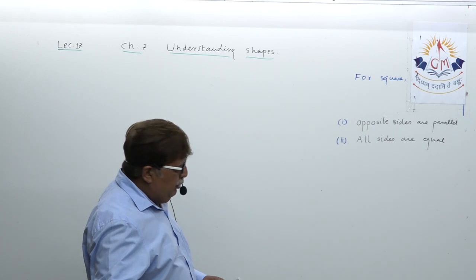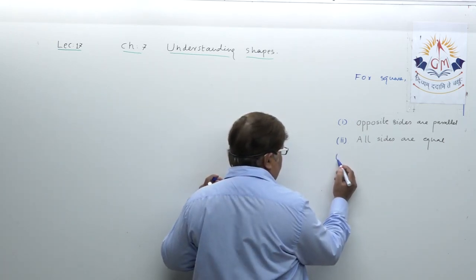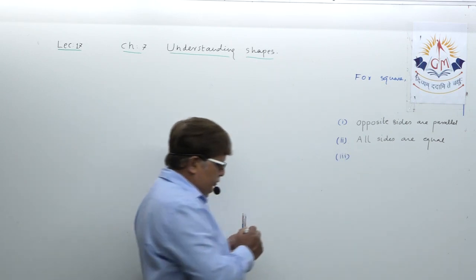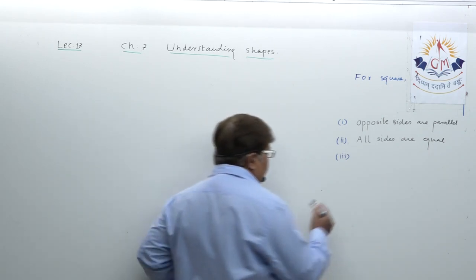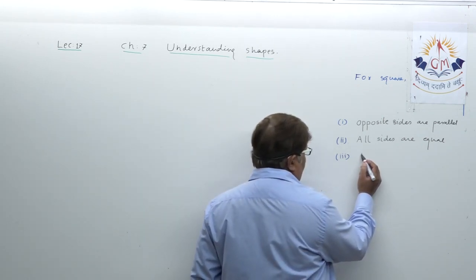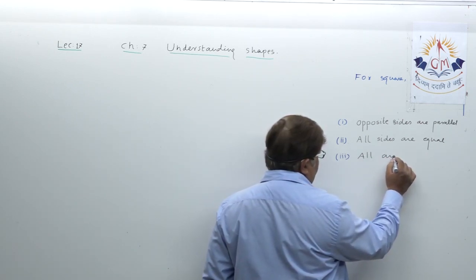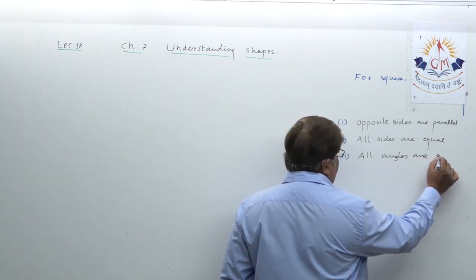Then the third property of square, just note it down, that regarding square all angles are 90 degrees.